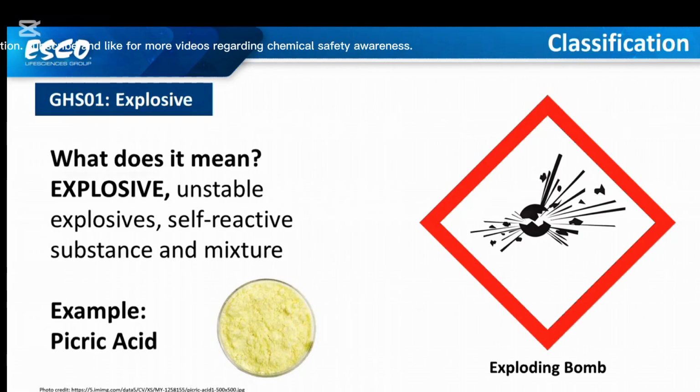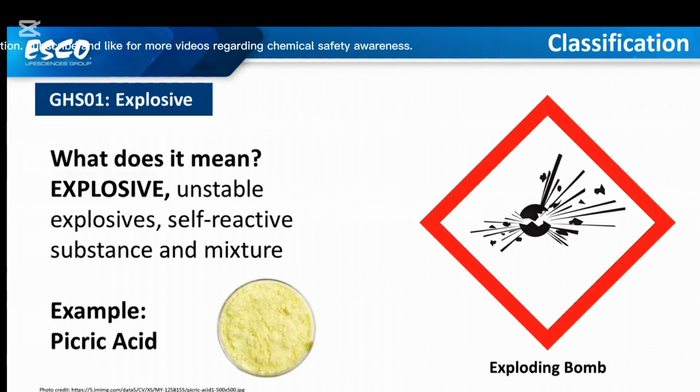So they are unstable explosive, self-reactive substances and mixtures. This signifies a substance or mixture that is explosive or has a fire, blast or projection hazard. It indicates that the material can explode due to heat, friction, or other factors.